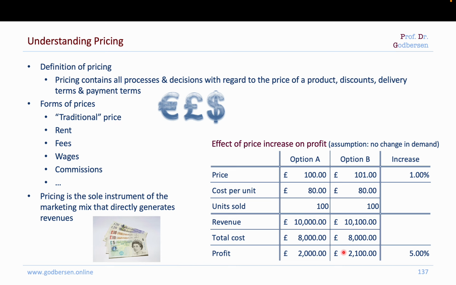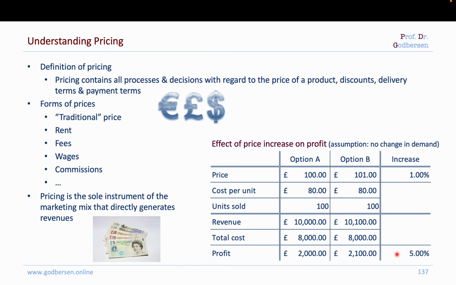And we have now a profit of £2,100. Our profit increased by 5%. That means a 1% increase in price results in a 5% increase in profit. And I hope this calculation makes clear that pricing can have quite a bit of an impact on your overall profit, and as a business manager, that is what you're aiming for.